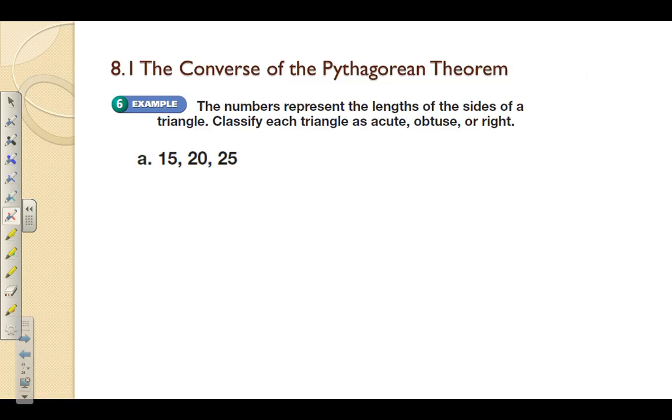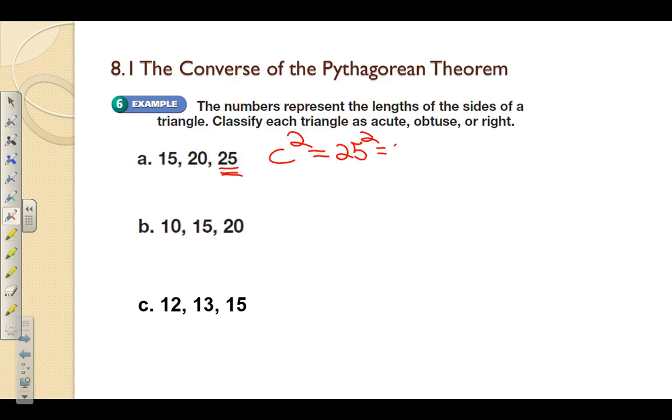Okay. So, just to finish this up, these are the last examples. What kind of triangle do I have? Acute, obtuse, or right? First, I find my longest side, 25. So my c squared equals 25 squared, or 625. And then I'm going to have my a squared plus b squared, and I'm going to put it to the right of it.